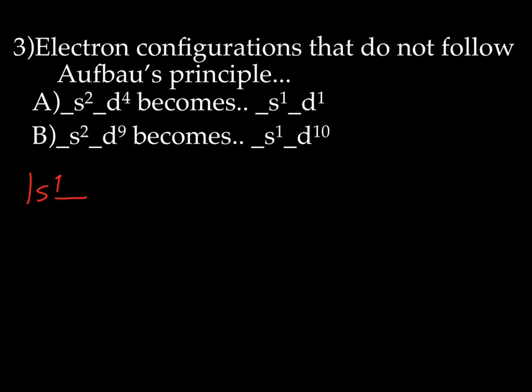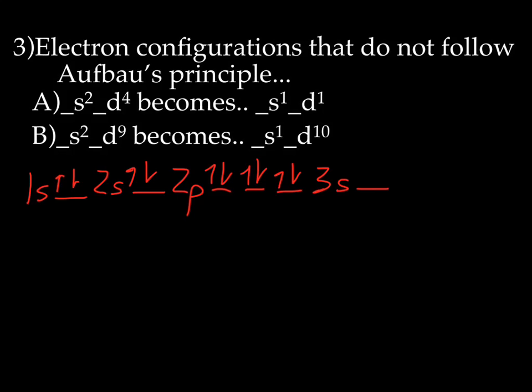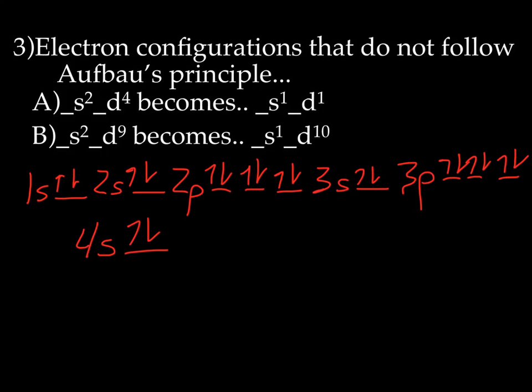So we have 1s2, 2s2, 2p6, 3s2, 3p6, 4s2, 3d4.